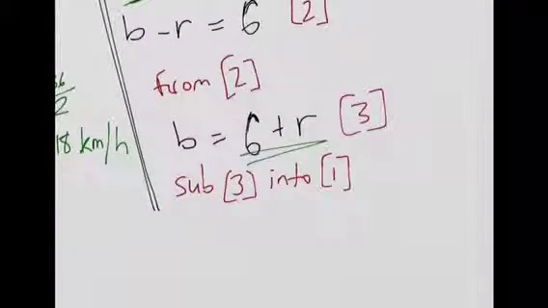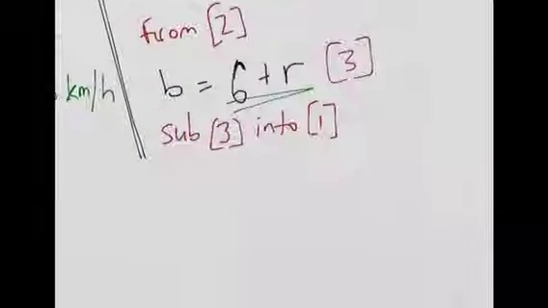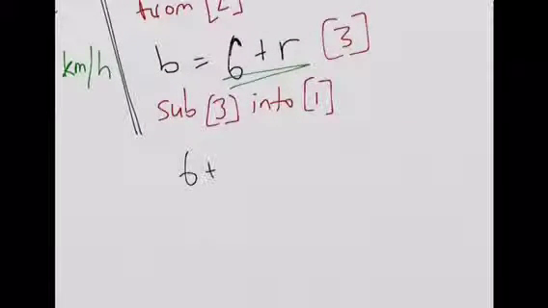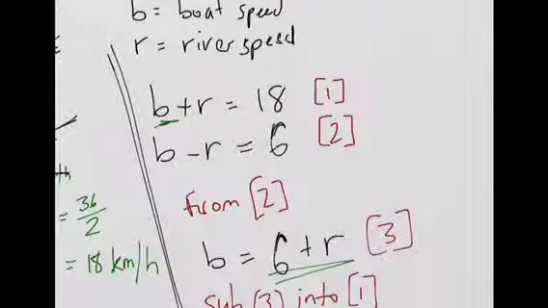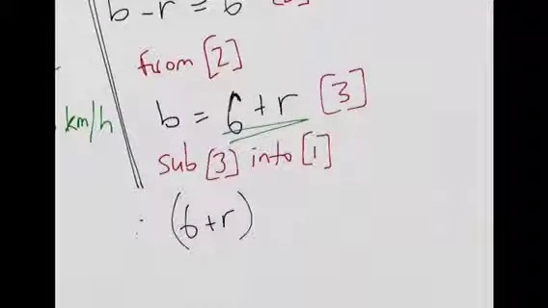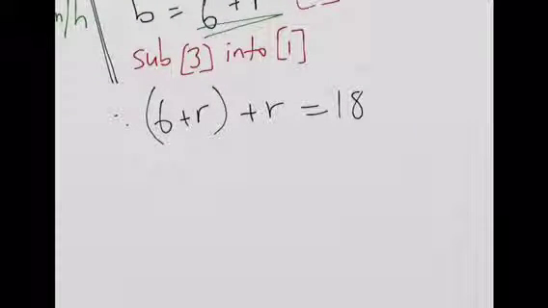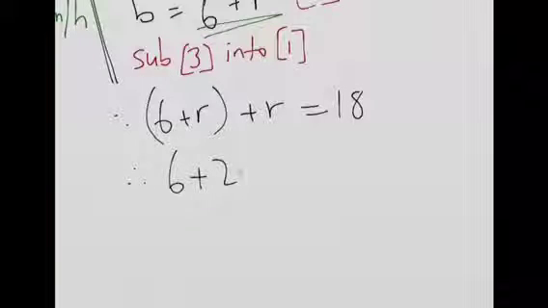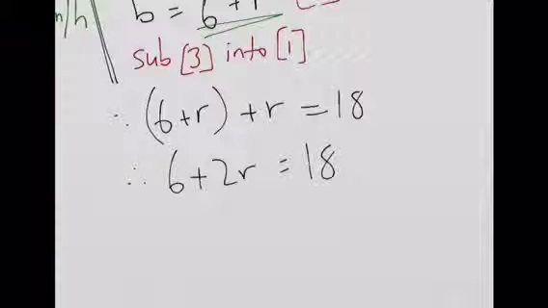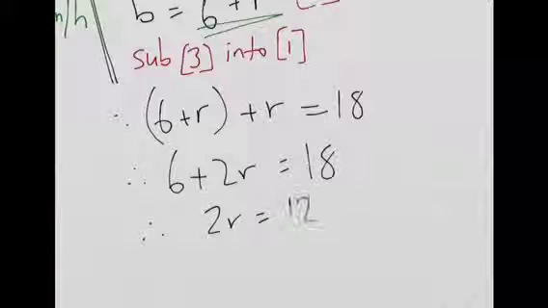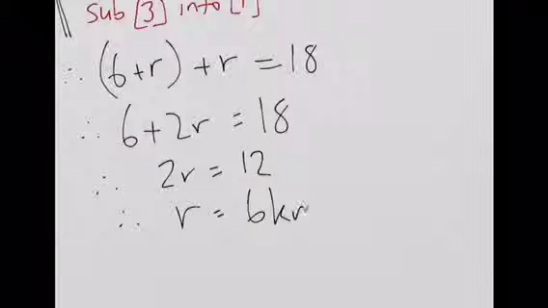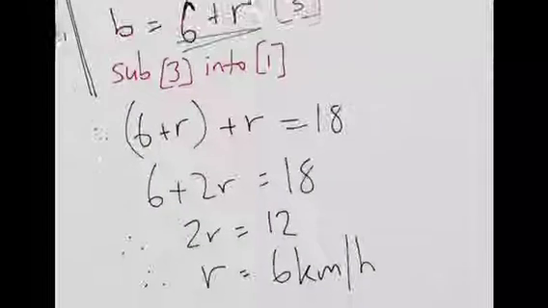Equation 1 was B plus R equals 18, so B is 6 plus R, plus R equals 18, therefore 6 plus 2R equals 18, and subtract 6 from both sides, so 2R equals 12, therefore R equals 6. So the river speed is 6 kilometers per hour, because R was our river speed.